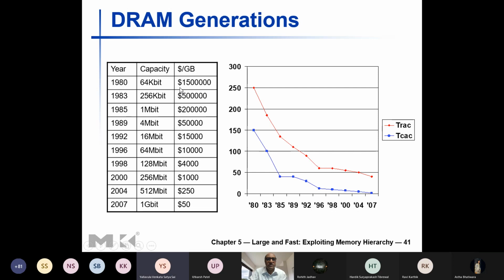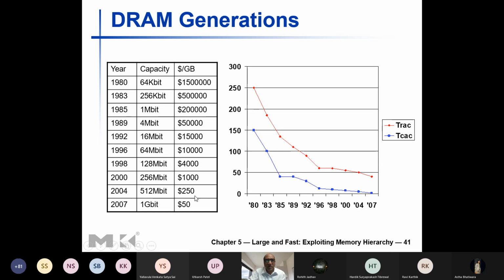At that time, 1 gigabyte of DRAM cost about lakhs of dollars. Whereas now it is very much affordable, so even normal PCs and handheld devices have a RAM size of about 4 gigabytes. And you can see the capacity versus the price.